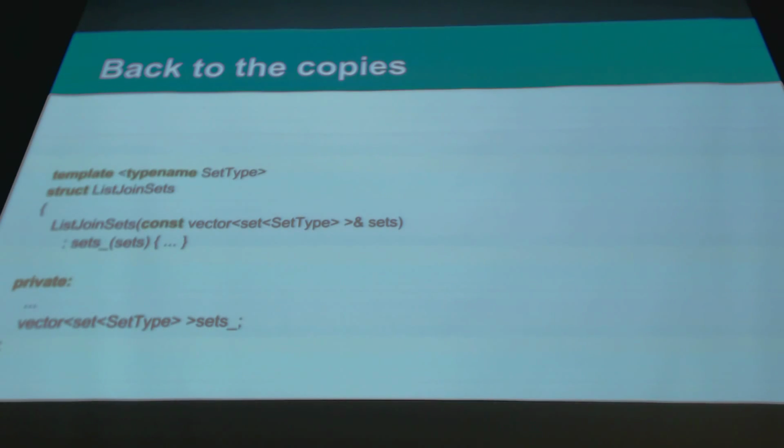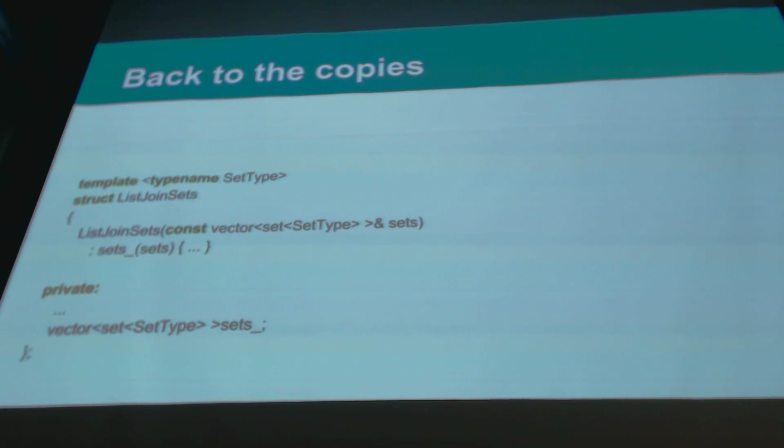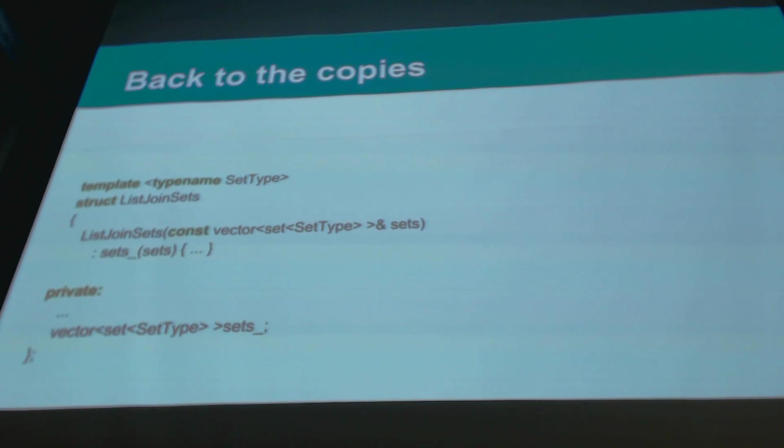Okay, so let's move to the boss. This is one of the interesting things I have to show you. I had a story that one time I was writing a small program for a competition, and I wrote code like this. It has a constructor of vector of sets, because I couldn't use C++11, so I had to use sets.